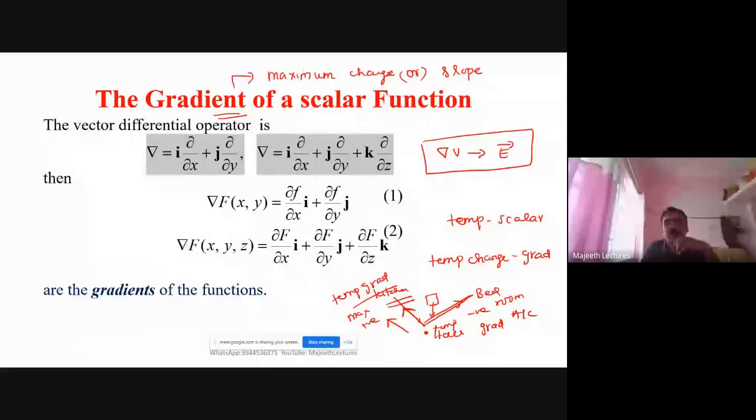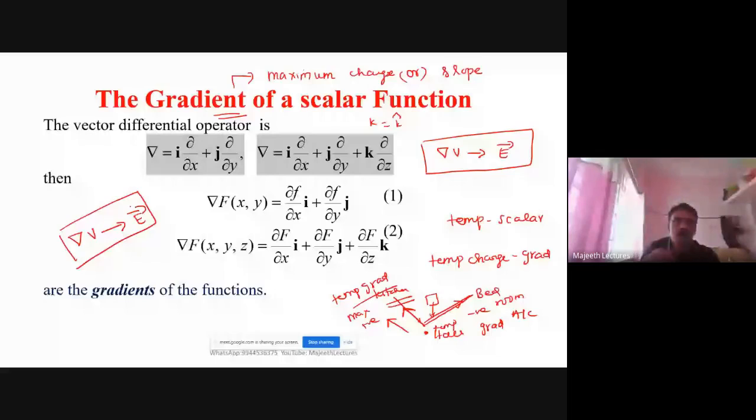So k in bold means it is the k unit vector, right? So gradient gives a vector quantity. So the del operator operates on the scalar and results in a vector. And the second point about gradient is that gradient gives the maximum change of any scalar parameter. So these things you must remember. That's enough for the GATE exam.